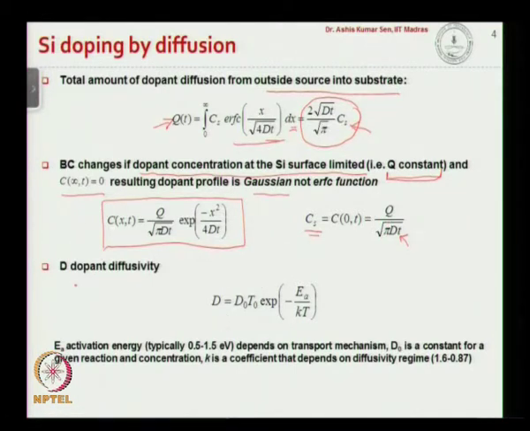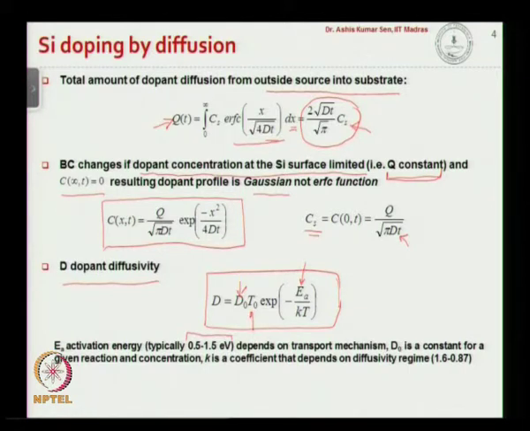D is the dopant diffusivity, as I was telling, and you can express the dopant diffusivity in this form from thermodynamics. So D is given by D0 T0 into exponential minus Ea over kT, where Ea is the activation energy, and that depends on the transport mechanism, and the typical value is between 0.5 to 1.5 electron volt, and D0 is a constant for a given reaction and concentration.